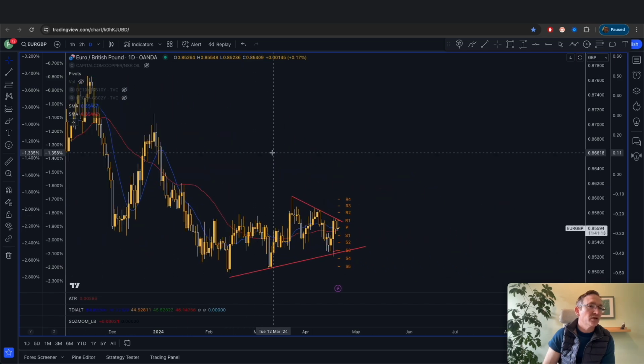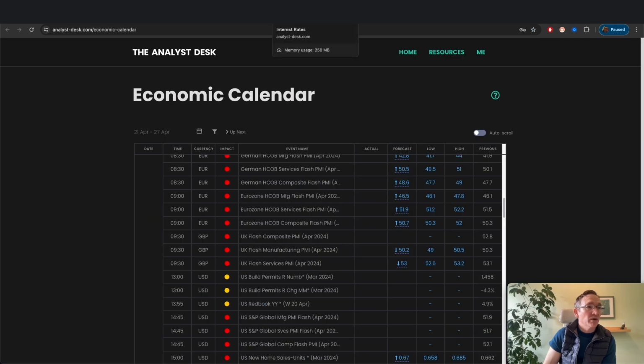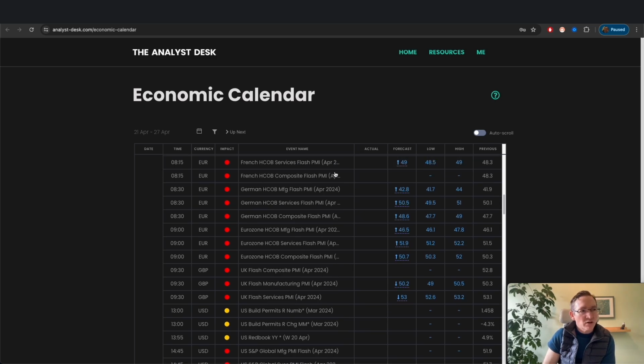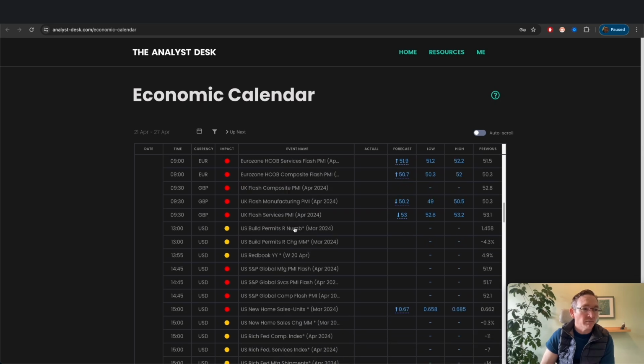And one opportunity to potentially look for is a breakout of that 8,574 region if we do see a miss in the German Eurozone PMI prints and a beat in the UK data. So although the Euro data in and of itself is probably not a great opportunity, in conjunction with the UK data, we could see a potential Euro pound upside. We'll cover that nearer the time.